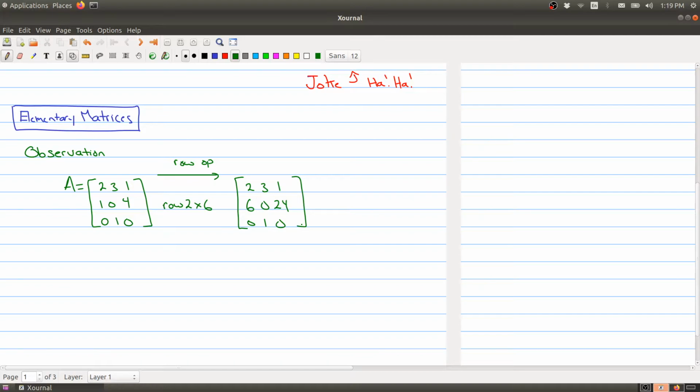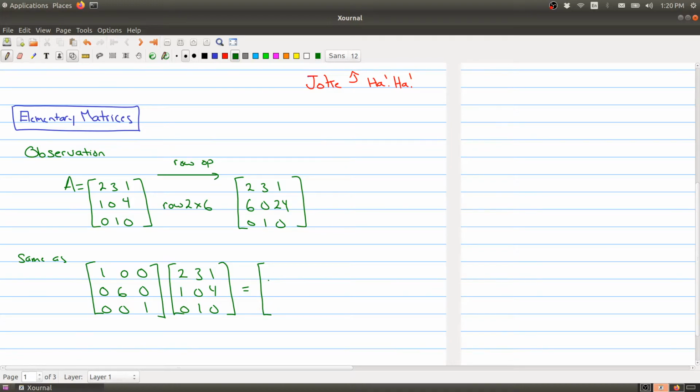Now the interesting thing is that this row operation is the same as a matrix multiplication. This is the same as taking the matrix 1, 0, 0, 0, 6, 0, 0, 0, 1 and multiplying it by my matrix 2, 3, 1, 1, 0, 4, 0, 1, 0. When I multiply everything out, I get 2, 3, 1, 6, 0, 24, and 0, 1, 0.